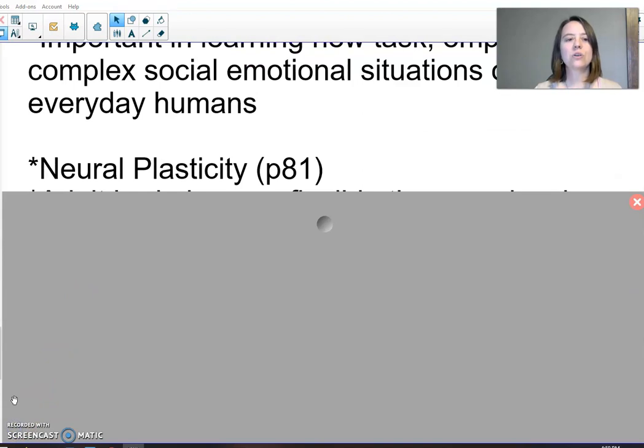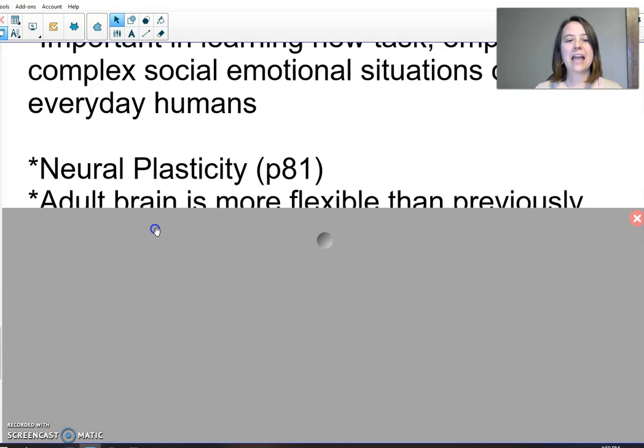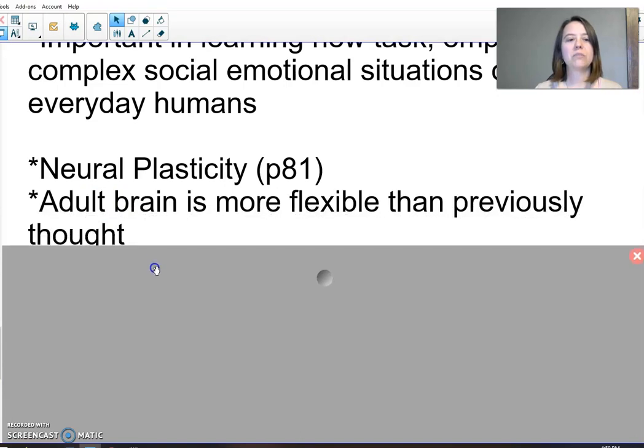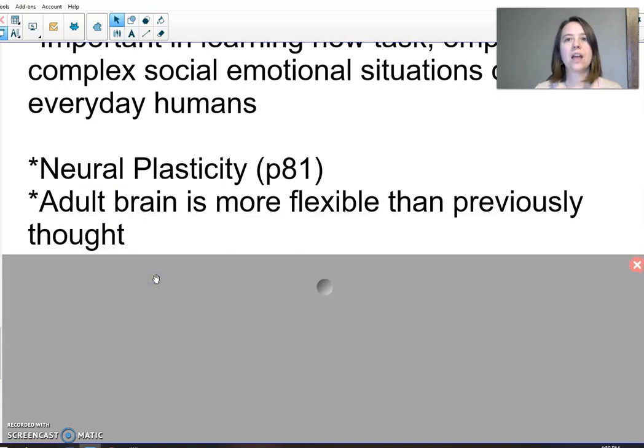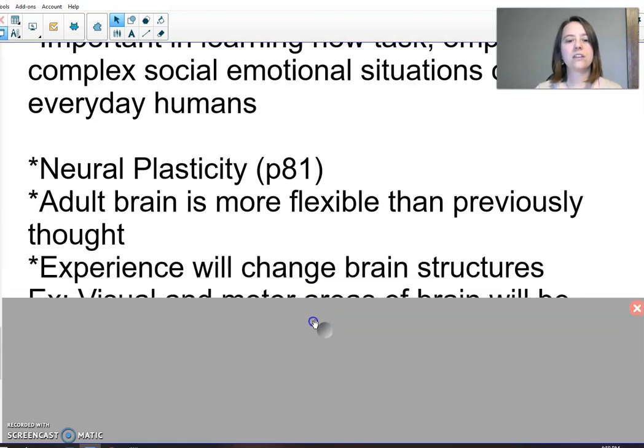So your book also goes over neuroplasticity, and it has nothing to do with plastic. It's just the verb. Things that are plastic are flexible. And adult brains are thought to be more flexible than previously thought. So it's not that your brain stops when you're like 10 and it can't do anything beyond what you learned then.